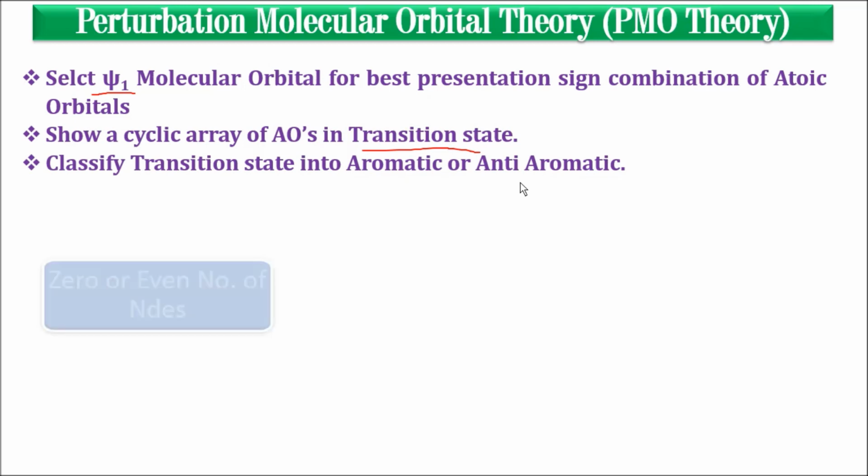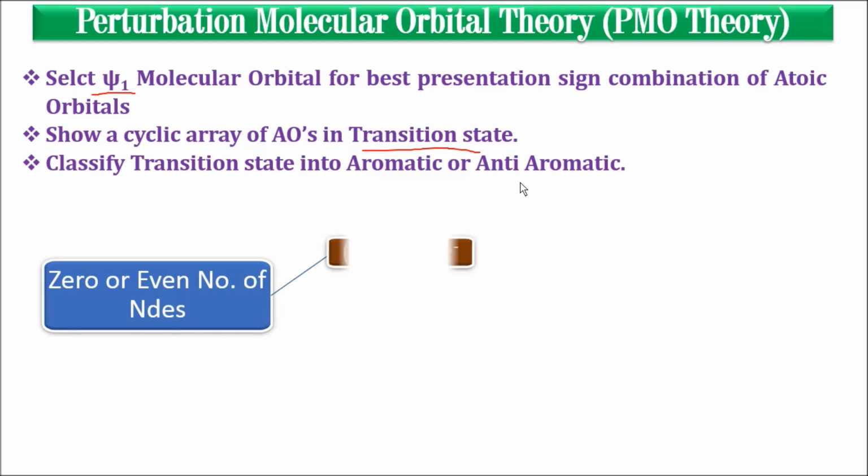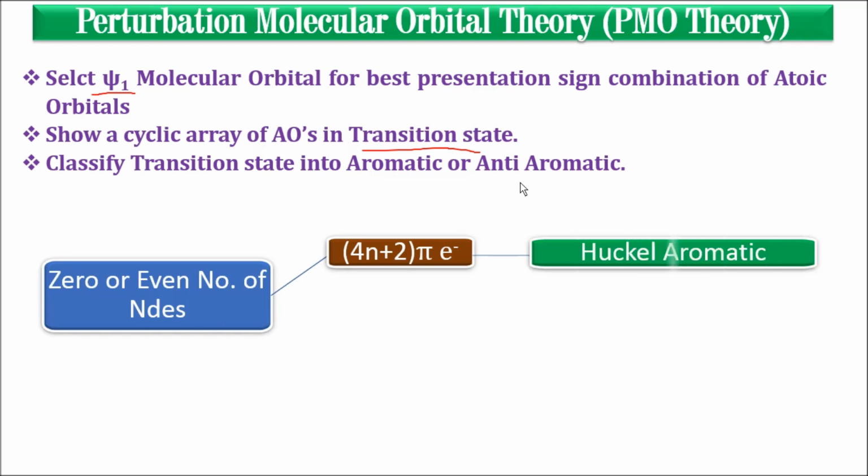When the system has 0 or an even number of nodes in the transition state, it belongs to a 4n plus 2 pi electron system, that is called a Huckel aromatic transition state. Simply, 0 or even number, Huckel system, 4n plus 2, that is aromatic.